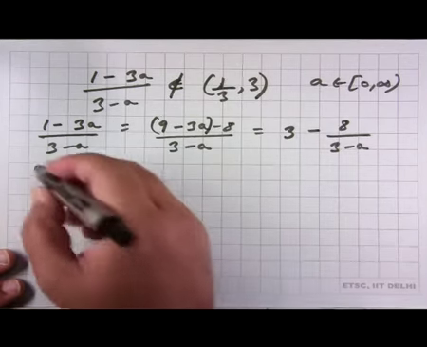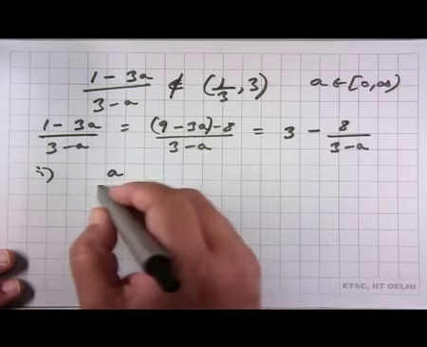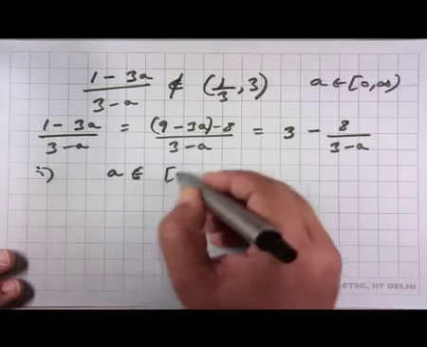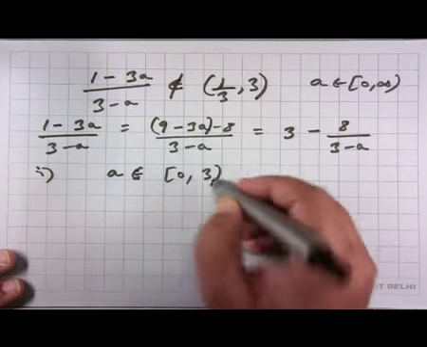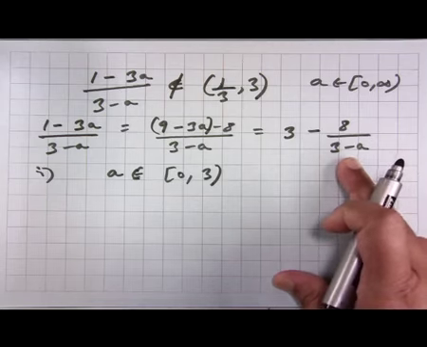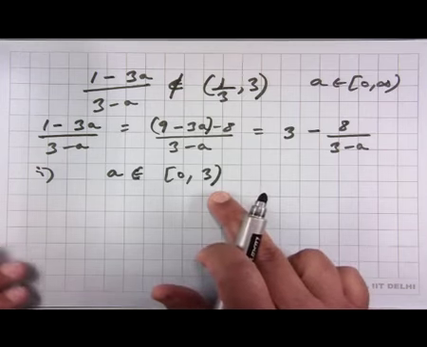So, we first consider all those values of a which belong to the interval between 0 to 3. Of course, we will not include 3, because at a equal to 3 this is not defined. That is why we have an open interval here.